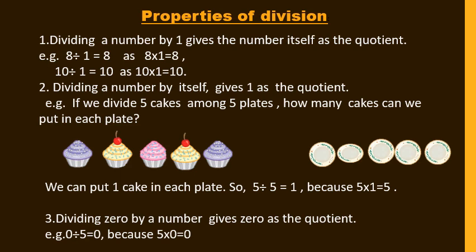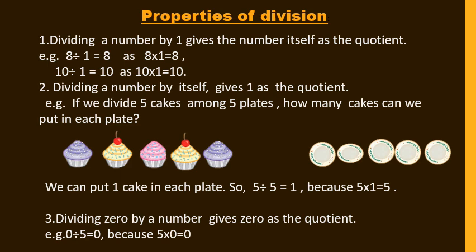Number 2. Dividing a number by itself gives 1 as the quotient. For example, if we divide 5 cakes among 5 plates, how many cakes can we put in each plate?